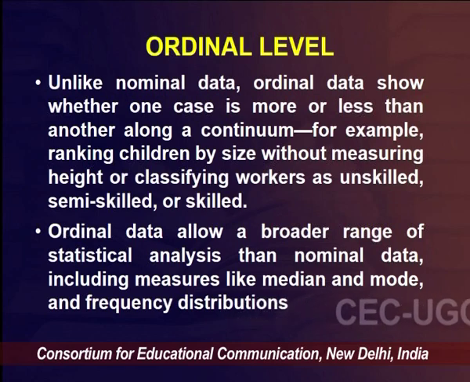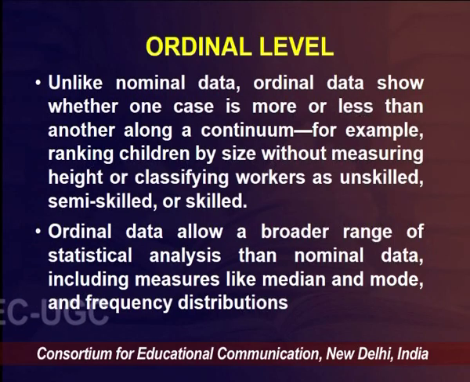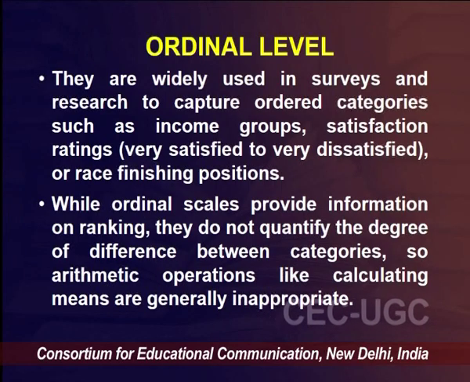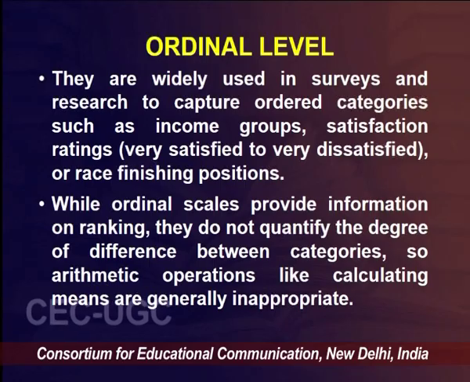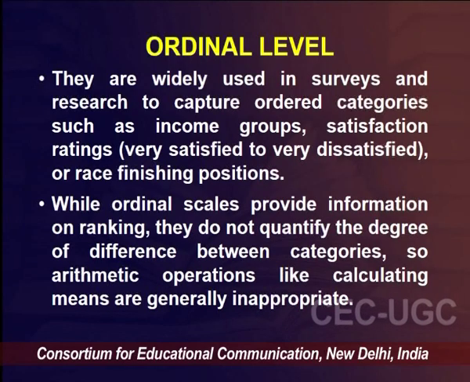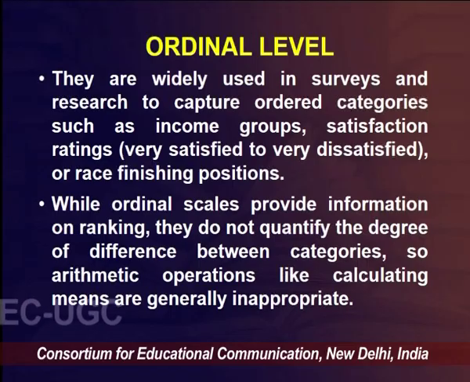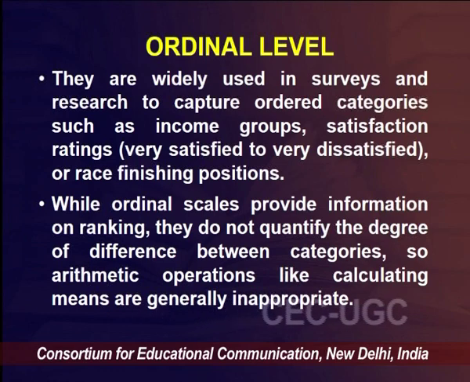Ordinal data allow a broader range of statistical analysis than nominal data, including measures like median and mode and frequency distribution. Ordinal levels are used in surveys and research to capture ordered categories such as income group, satisfaction rating, very satisfied to very dissatisfied, or race finishing position. While ordinal scales provide information on ranking, they do not quantify the degree of difference between categories.